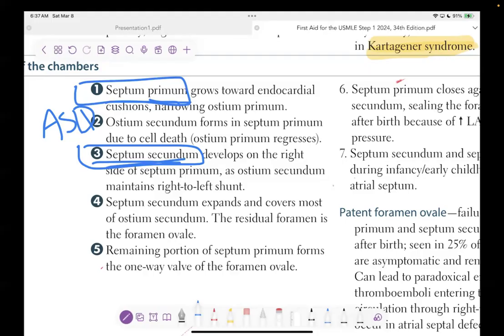You don't need to know all the development, but in order to remember these types of ASD, we need to know the concept, because whenever we know the concept, life gets easy for us. It becomes easy to maintain it, because whenever we are studying, everything makes sense and is easy to understand. But when we finish First Aid, we cannot maintain it.